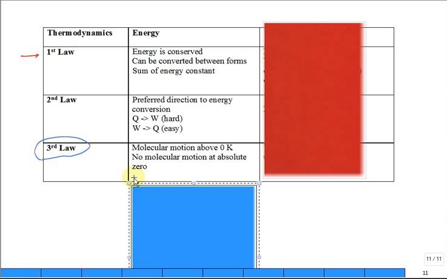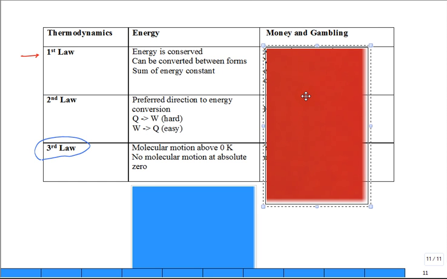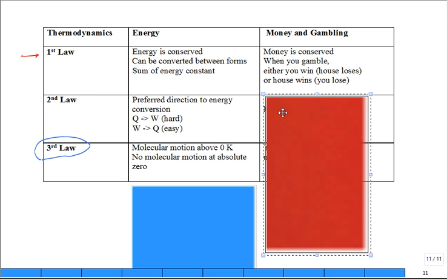Well, a long time ago, people thought of analogies for the conservation of energy, 1st law, 2nd law, 3rd law, and they thought about it in the context of money and gambling. So let me just share with you these thoughts. For the 1st law, the analogy is energy is conserved, but for money and gambling, money is conserved.